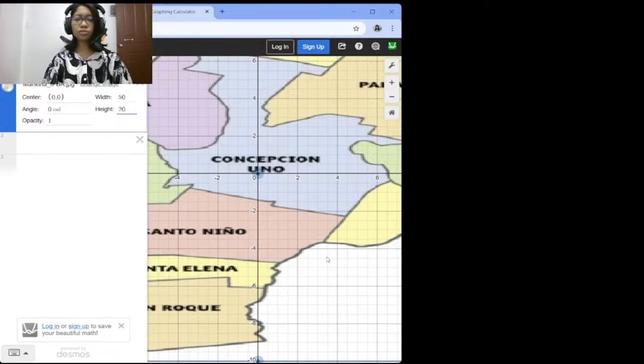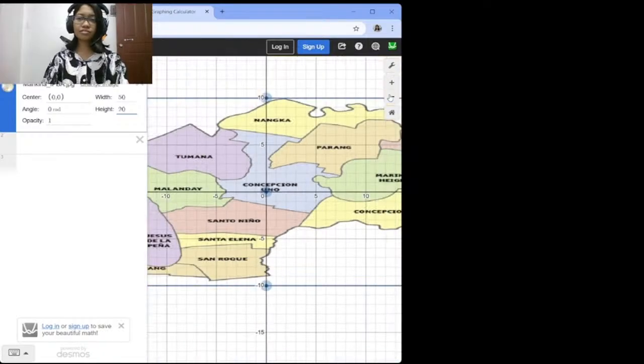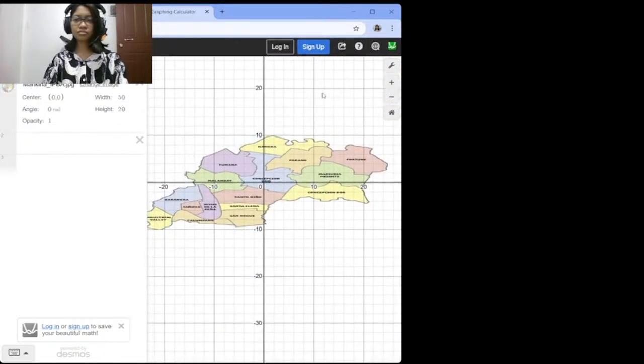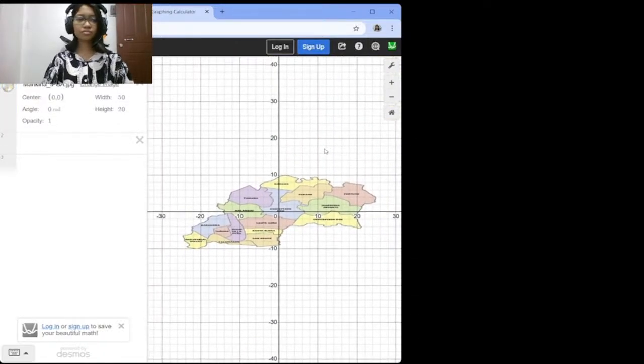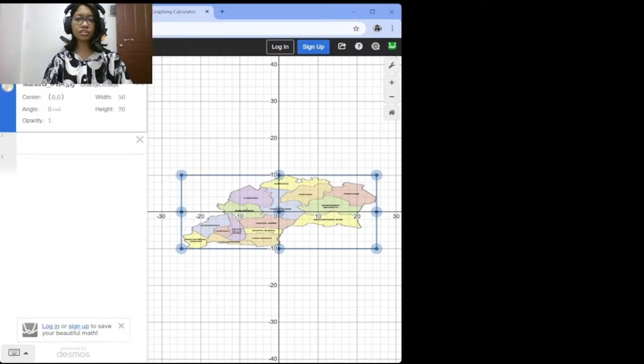Then zoom out at the top right. You may change its position to align with the coordinates by navigating to the middle point.